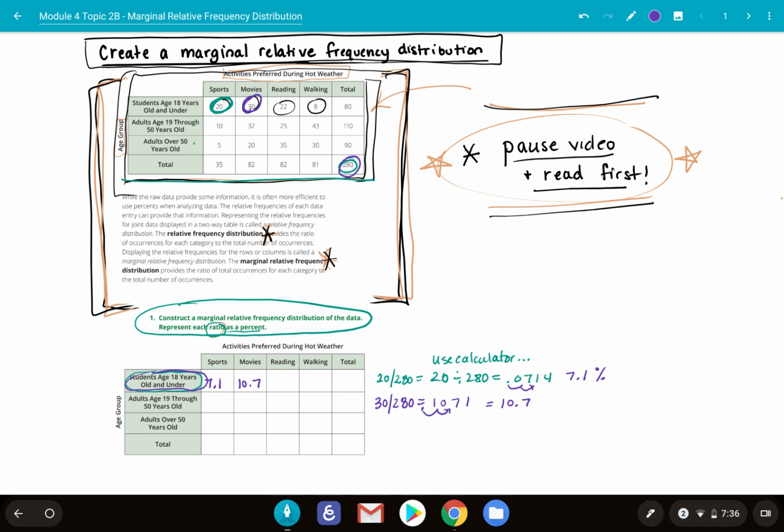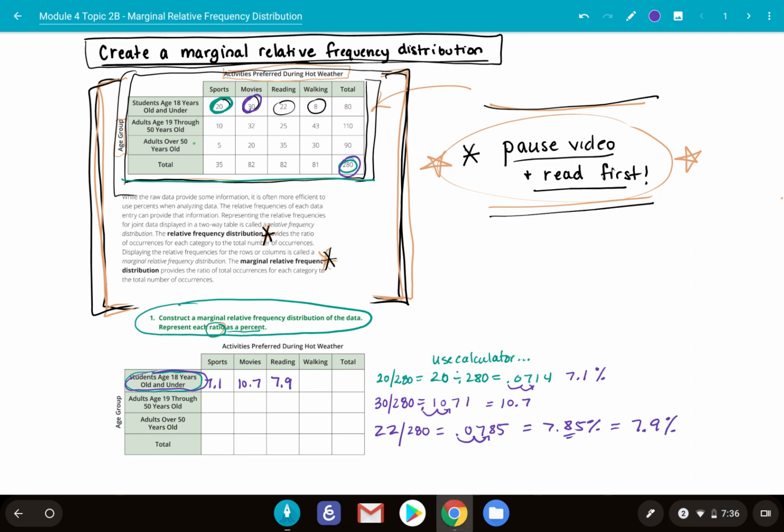And then for reading, 22 out of 280, use your calculator, and you would end up with 0.0785. And if we move our decimal 2 places to the right, we'll get 7.85%. But I'm going to just keep it to 1 decimal place, so I'm going to round it to 7.9%.